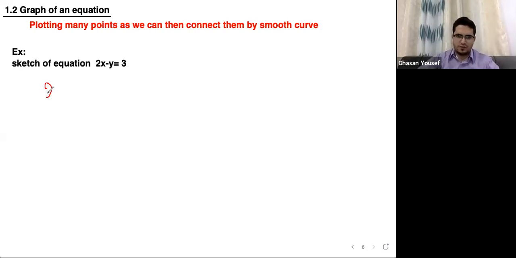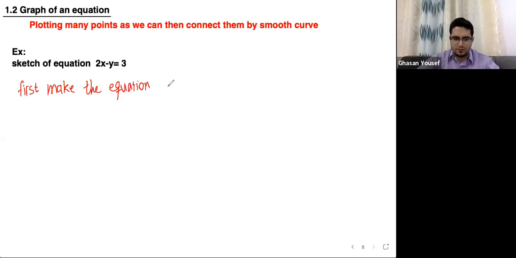First of all, we have to write here: first, make the equation y equal something. So to make this equation y equal, we have 2x minus y equals 3.